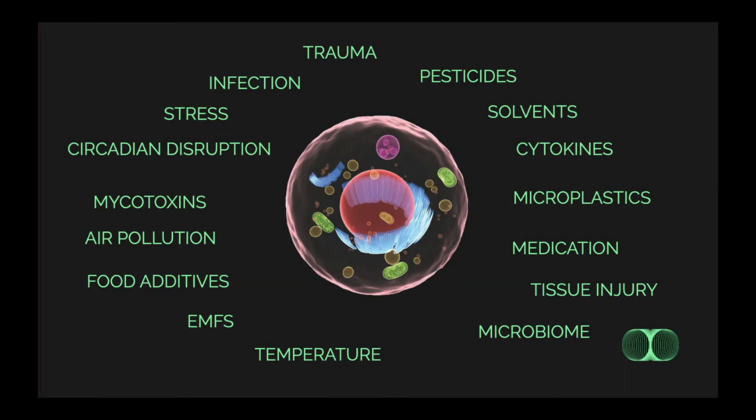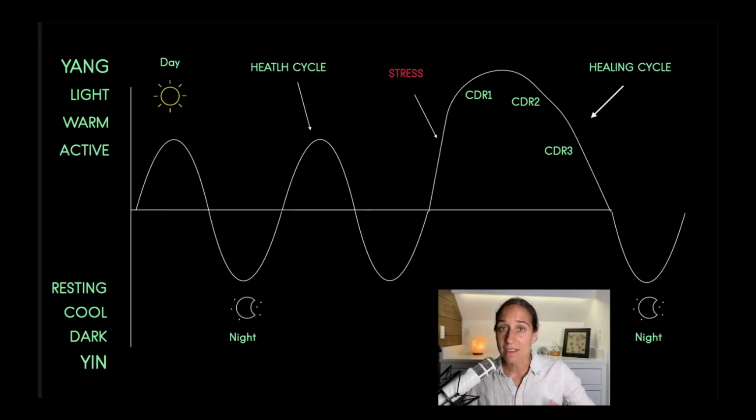We can see that the trigger of the cell danger response is really not very specific. This is a very ancient, very primitive mechanism, so it can be triggered by trauma, infection, stress, pesticides, medication, temperature, EMFs, and so on. And when a cell is healthy, when tissue is healthy, it's dynamically adapting throughout daily cycles and seasonal cycles.